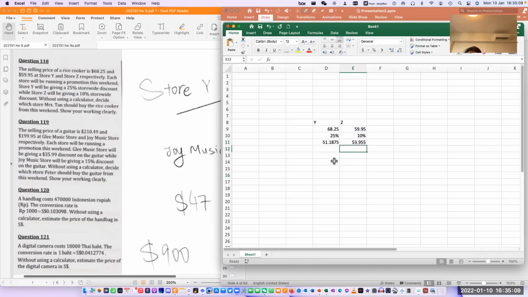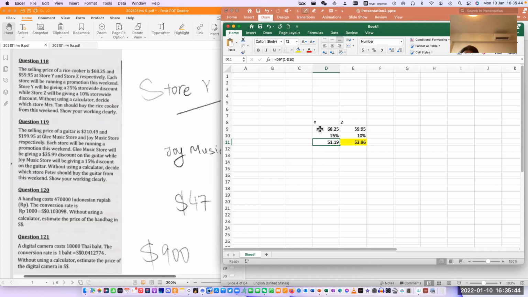All right. If you look at this over here, you can actually see that Z costs more. After the 10% discount, store Z costs 53.96 to two decimal places, while store Y costs Mrs. Tan 51.19 after the 25% discount.